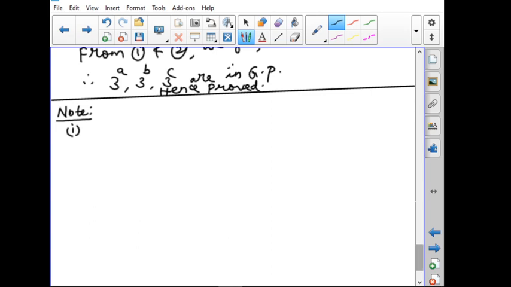The same thing we saw in AP, like that we are going to see in GP.